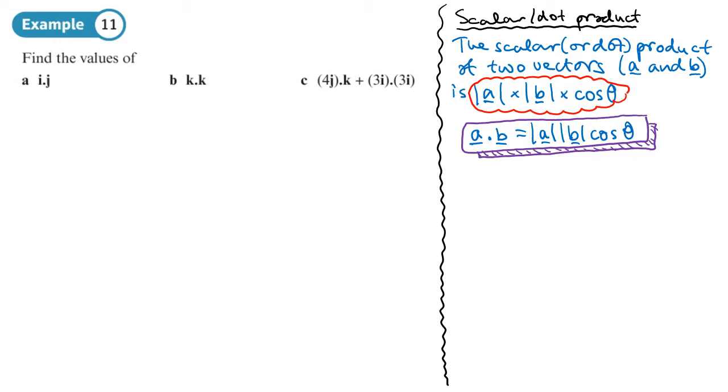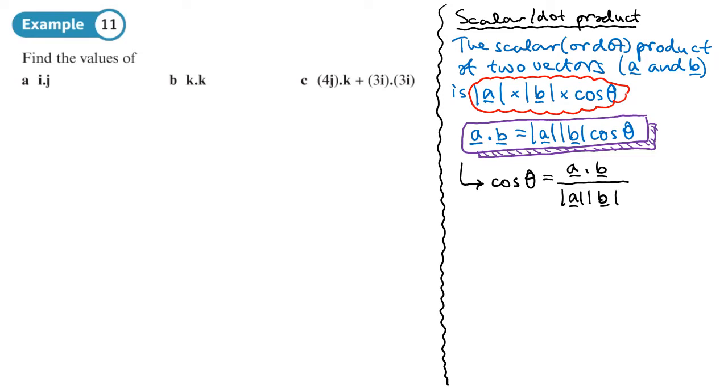Now if we rearrange that so that we get the angle, we can say that the cosine of the angle between two vectors, remember they're still pointing away from the vertex of the angle, would be A dot B divided by the length of A times by the length of B.